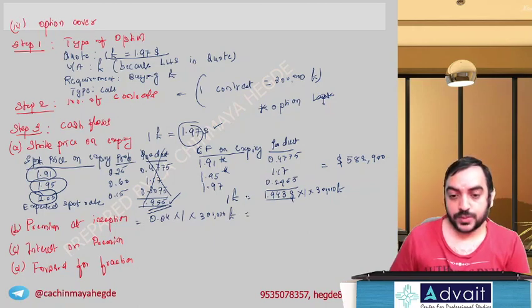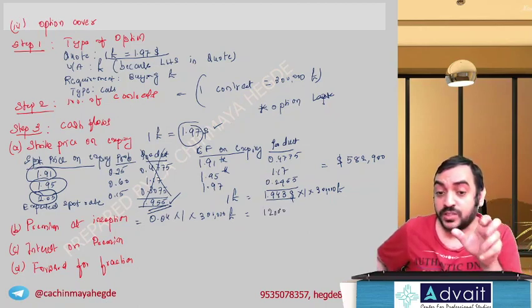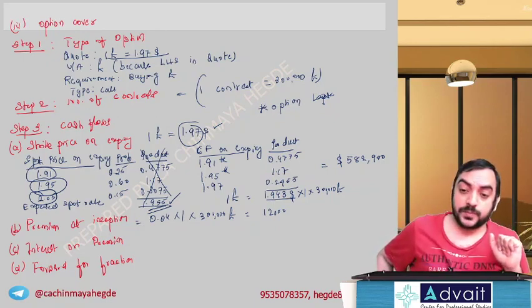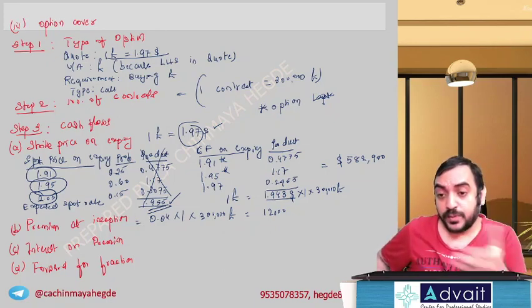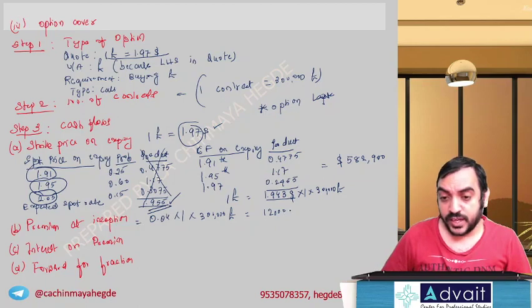So 3 lakh into 0.04 is 12,000. Dollars or pounds? We applied the premium to 3 lakh pounds. Both strike price and premium are like conversion rates, so when you apply the premium, the result will be the other currency. Therefore here you get $12,000.